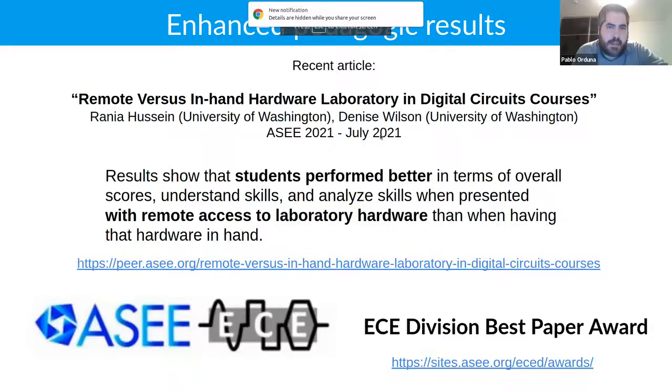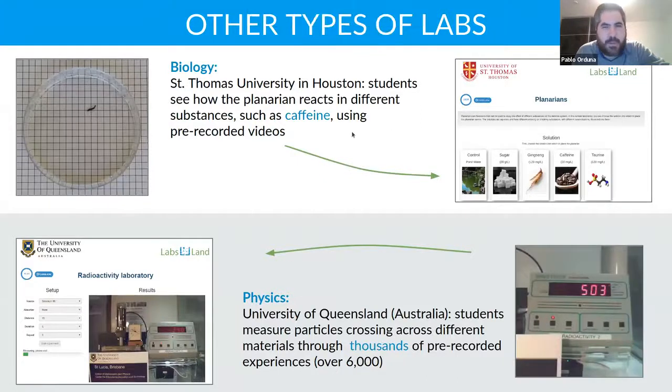So just in case, I'm going to also explain a little bit of other laboratories, because the workshop is going to be focused 100% on the FPGA, but just to give a bigger overview of what other things are available. We also have, in the same way, laboratories of biology and physics. For example, this is at the University of Queensland in Australia, this is at the University of St. Thomas in Houston.